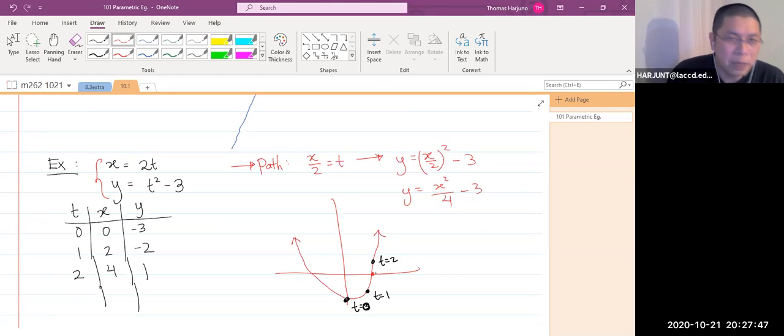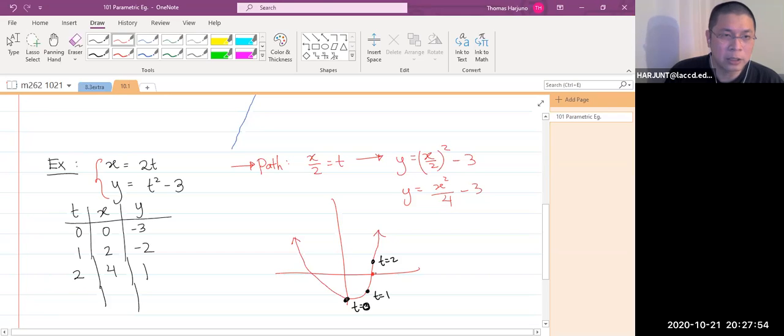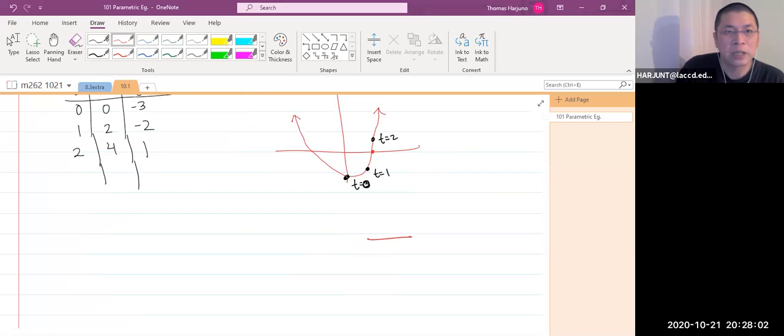But be a bit careful that doing parametric elimination, eliminating the parameter, may give you a misleading curve. Let me give you an example here. I hope this example is simple enough.